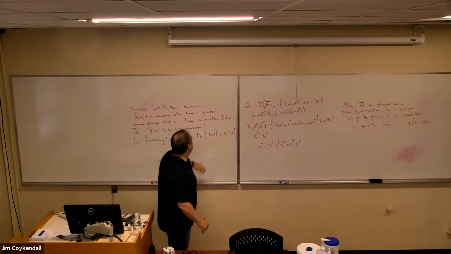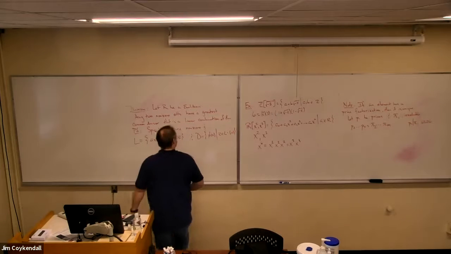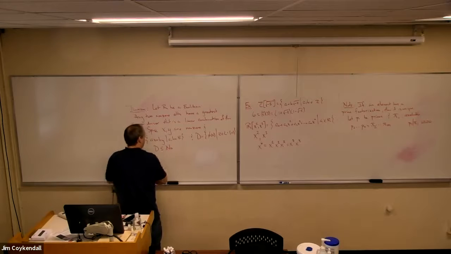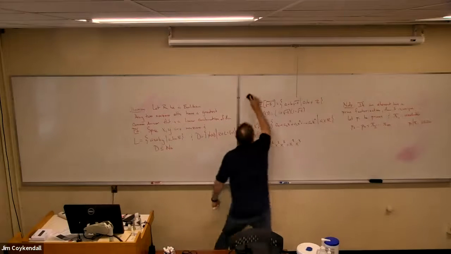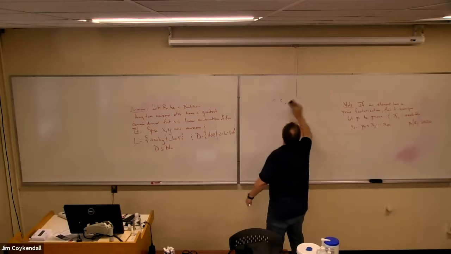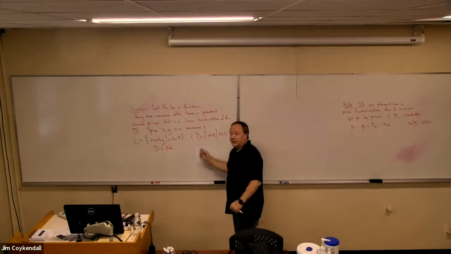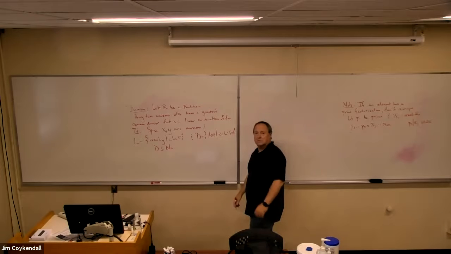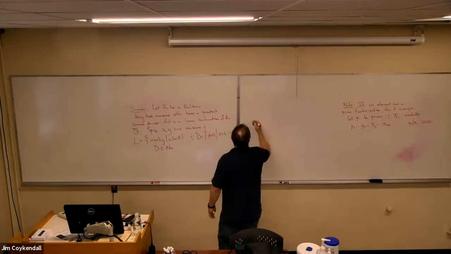So this is a subset of the natural numbers union zero, which is not empty. And it's not empty because D has elements in there that are not zero.